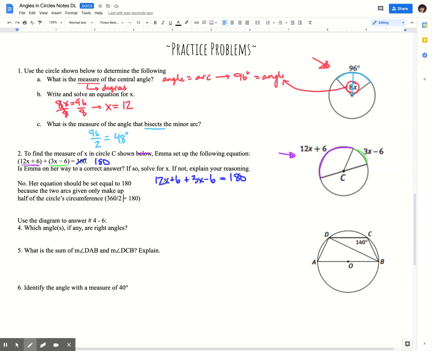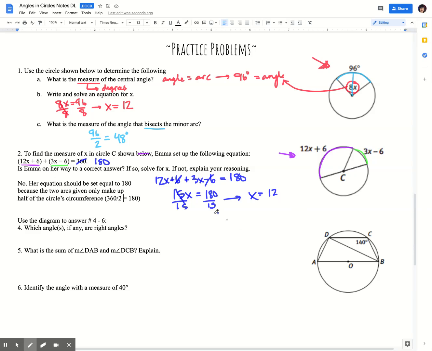I'm going to combine my like terms. 12x plus 3x is 15x, and then plus 6 and minus 6 cancel each other out. So all I have is 15x equals 180. I'm going to divide by 15 on both sides, and you end up with x is equal to 12.